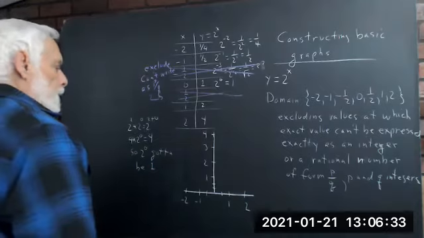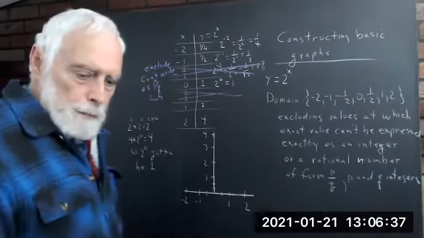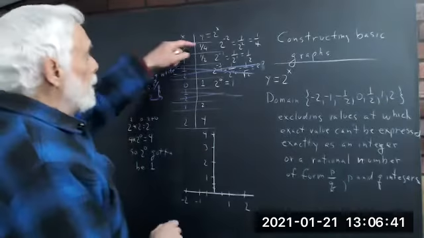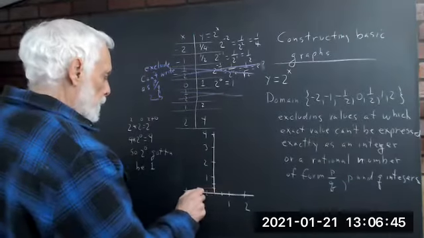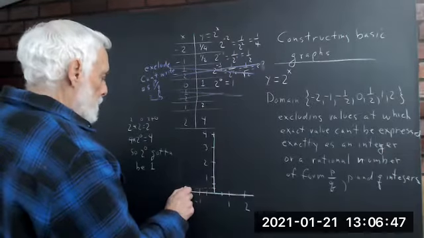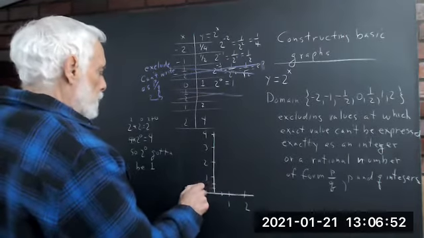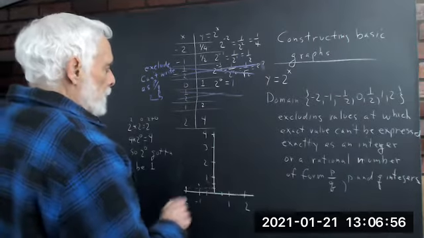Okay. Now, when x is -2, your y value is 1/4. So here's -2, here's 1/4. Here's your point. When x is -1, we get 1/2. So that's going to give you the point here. Then we have this.